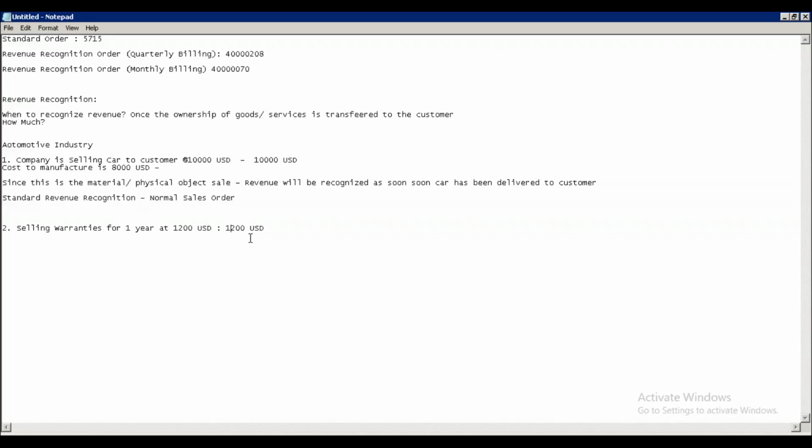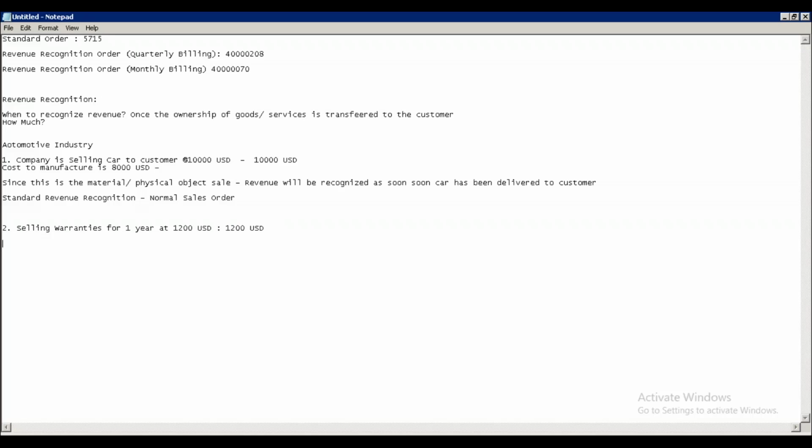It is not like the entire year we will be booking today. We need to follow the periodic approach, which means we need to divide this amount into equal installments per period. If we are paying 1200 USD for the entire year, and I divide this into 12 because this is for 12 months, then 100 USD will be recognized per month.